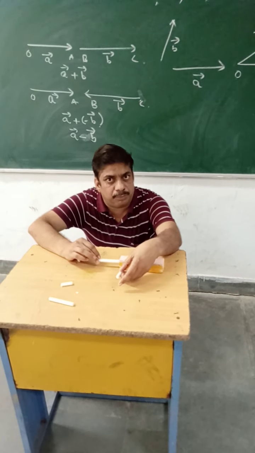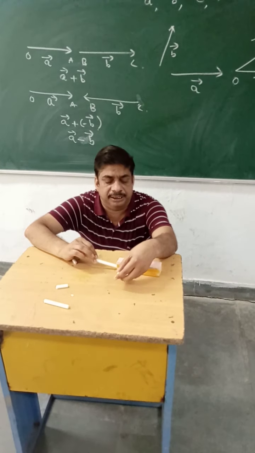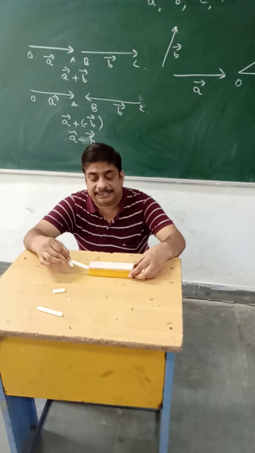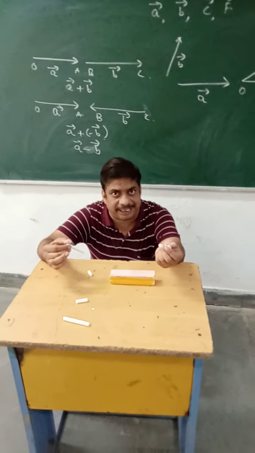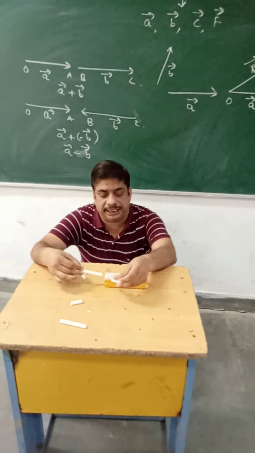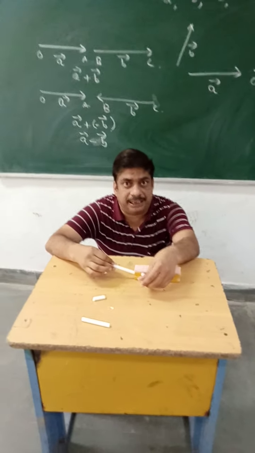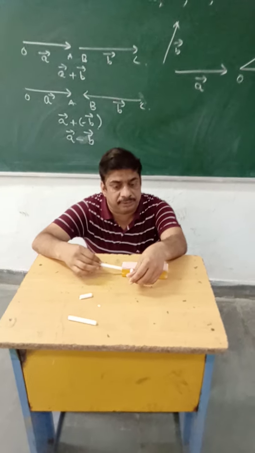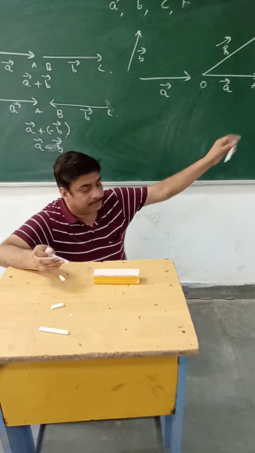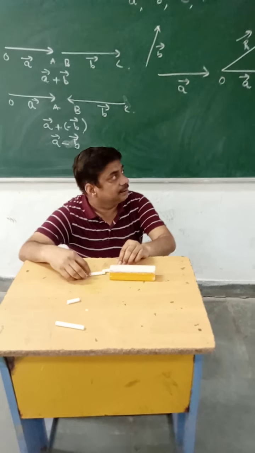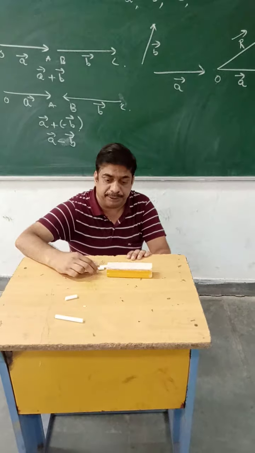How much net force acts on this duster can be explained by the triangle law of vector addition, because force is a vector quantity. So vector R is equal to vector A plus vector B.